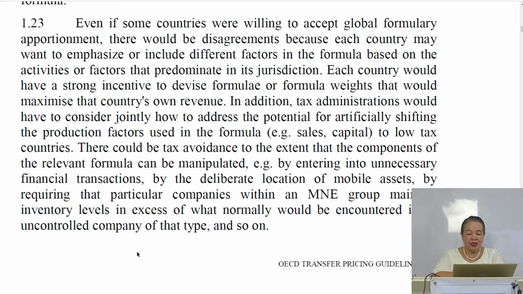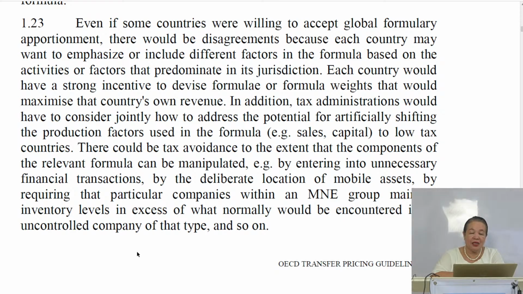In addition, tax administrations would have to consider jointly how to address the potential for artificially shifting the production factors used in the formula, no? The sales, capital to low tax countries. This could be tax avoidance to the extent that the components of the relevant formula can be manipulated. Yun na naman, no? So hindi masyado na cure yung problema on manipulation or tax avoidance by entering into unnecessary financial transactions, no?